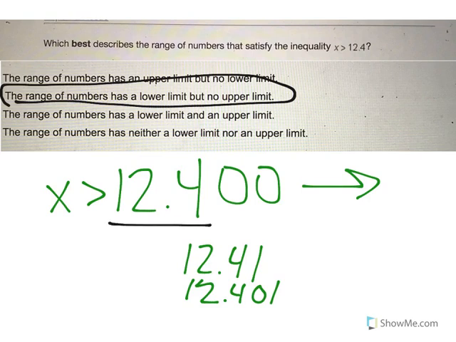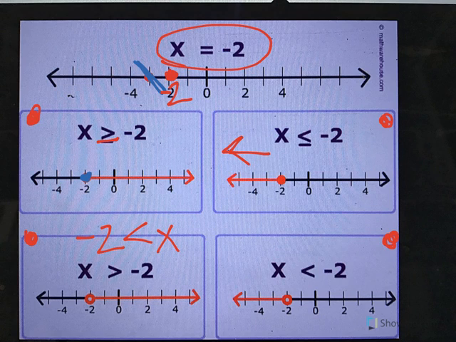It has to be greater than this. It can't be less than, and it can't be equal to, since I don't have the equal sign underneath it. It can't be less than that number, but obviously it can be greater than 12.4, and again, it has no upper limit because there's an infinite amount of numbers greater than 12.4.